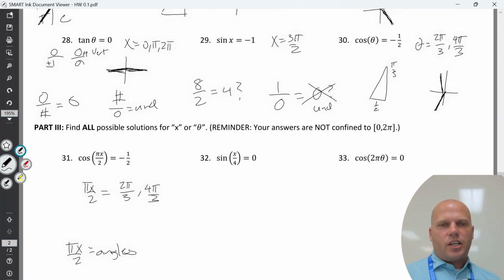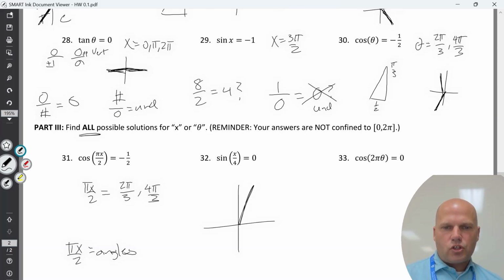But now we start talking about all possible solutions, and a key concept to the unit circle is understanding that we could go around the unit circle by adding 2 pi. This will be like adding 6 pi over 3 to get to 8 pi over 3.